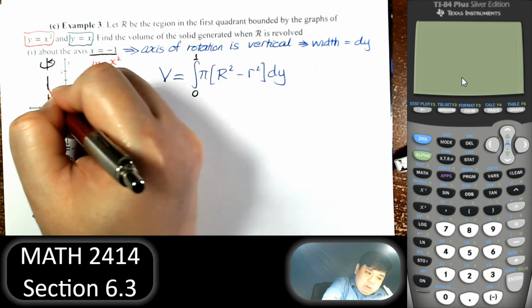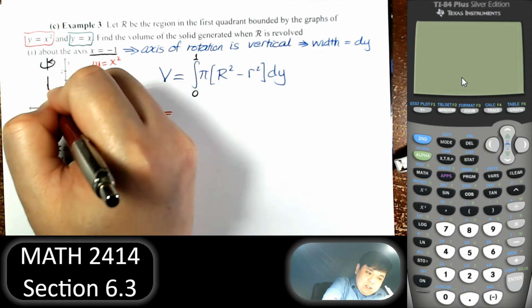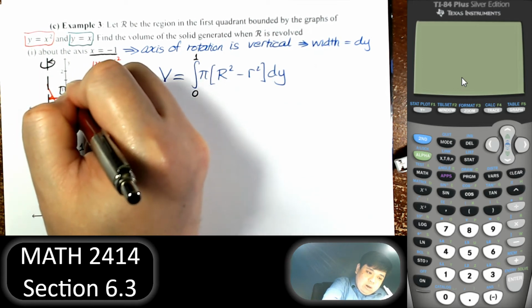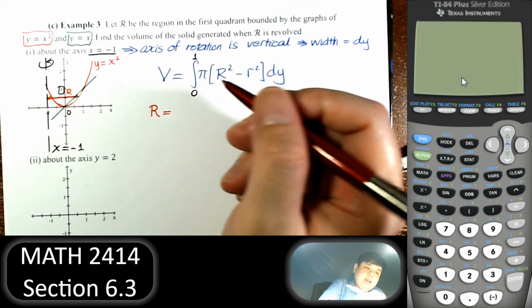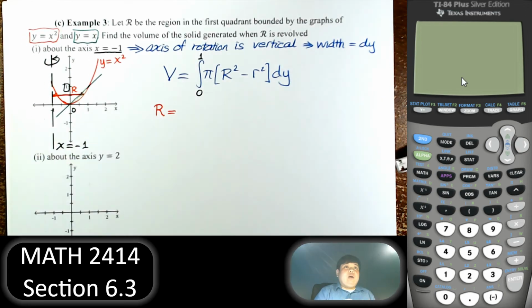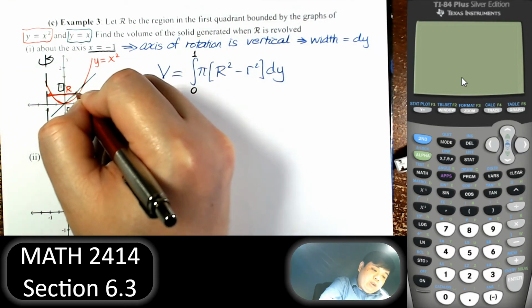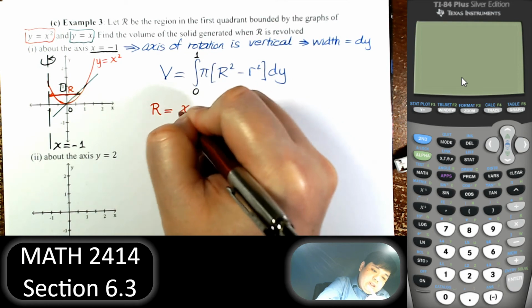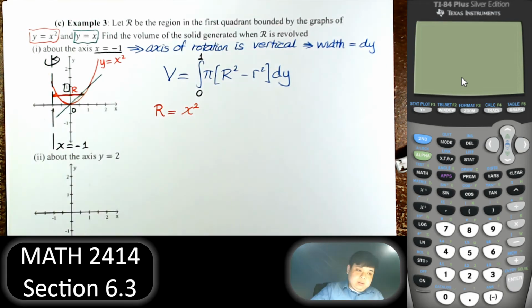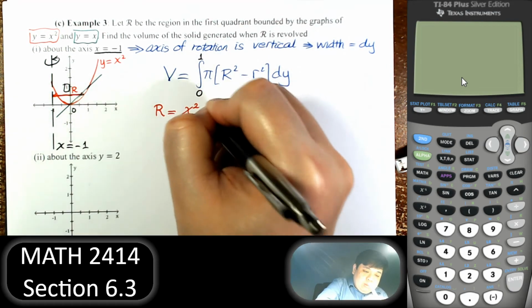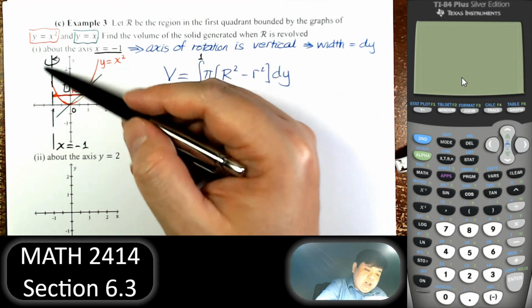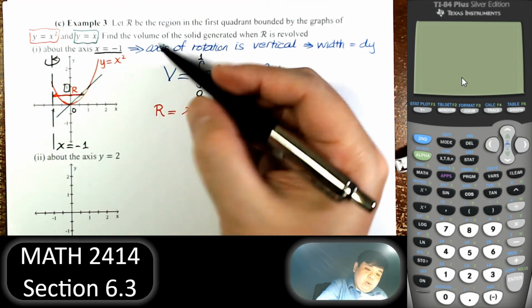So we're talking about this big R. Just like when we're trying to find the area, it's going to be the function on the right minus the function on the left. The function on the right, the outer edge, is x squared, subtract the function on the left, x equals -1.